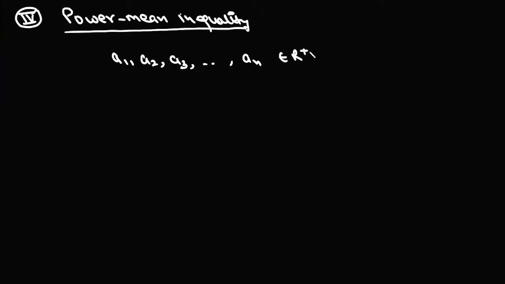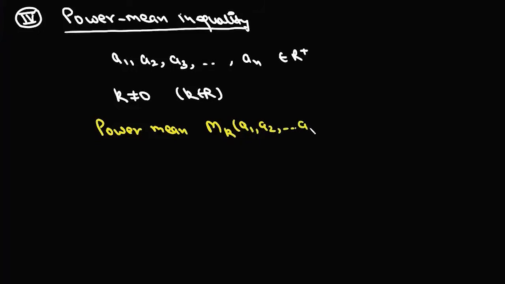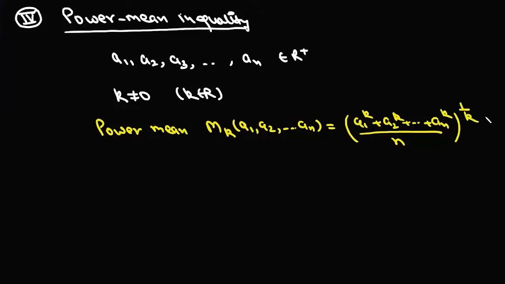If we have n positive real numbers a1, a2, a3 up to an, and we have a real number k which is unequal to 0, then their power mean Mk(a1, a2, a3 up to an) is defined as ((a1^k + a2^k + ... + an^k)/n) to the power 1/k, where k is a real number and it is not equal to 0.